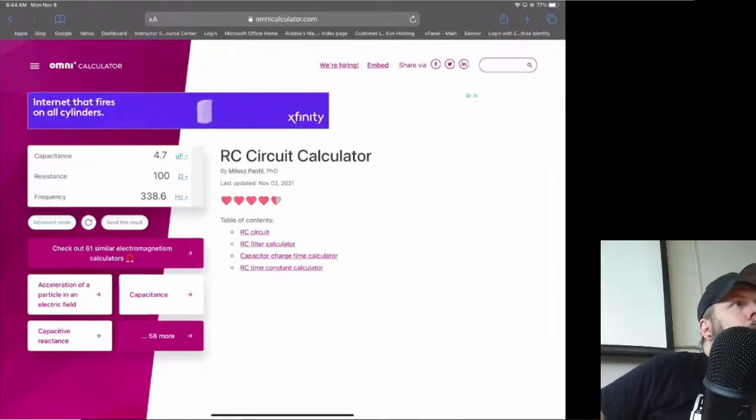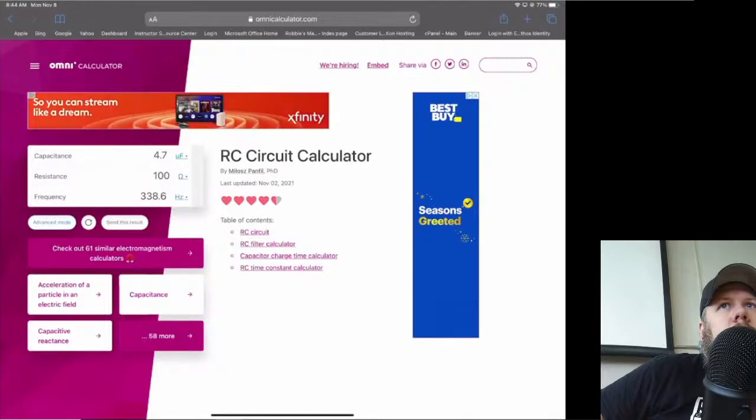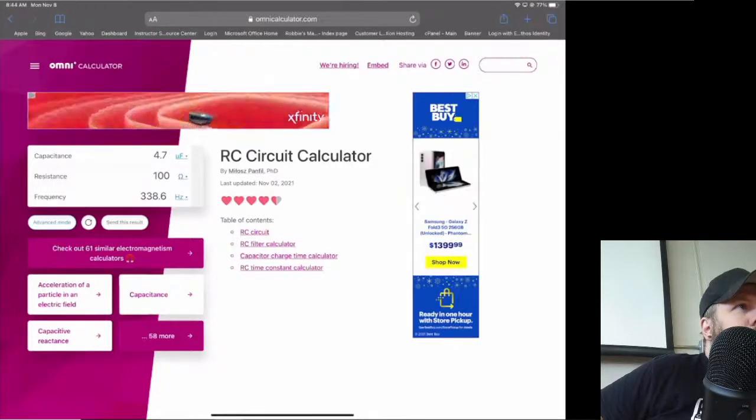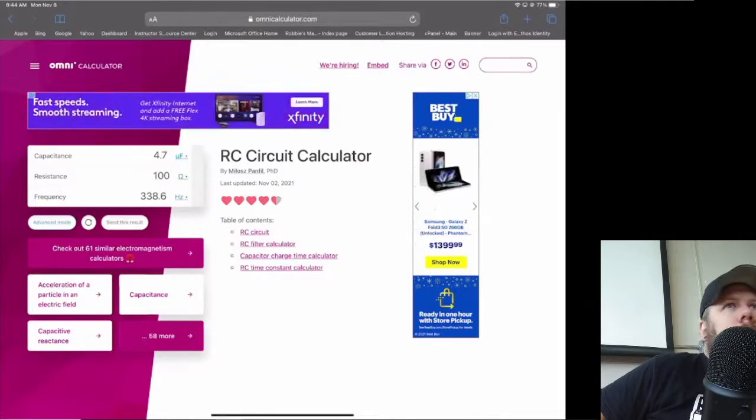Okay. When I'm out in the field, I don't need to prove to somebody that I'm the best at math. I need them to understand that I'm the best at fixing things. Okay. So I've got different apps on my phone that do this. Okay. Use them. But you need to understand what they're doing before you use them.